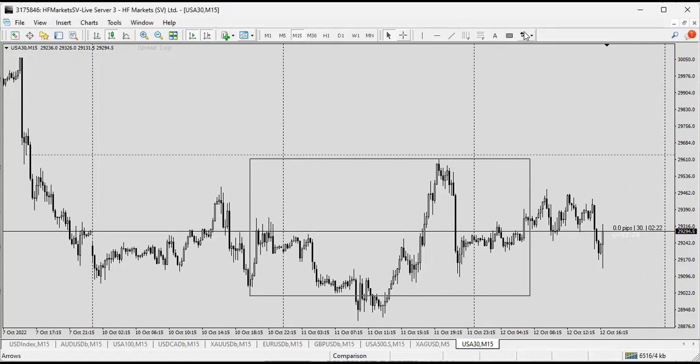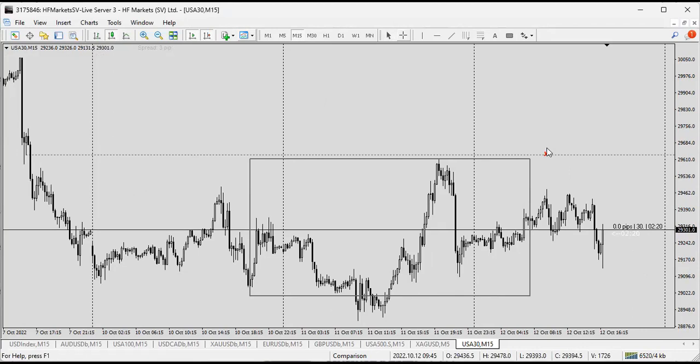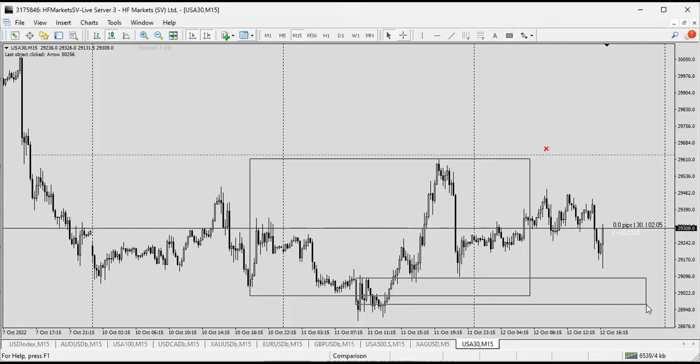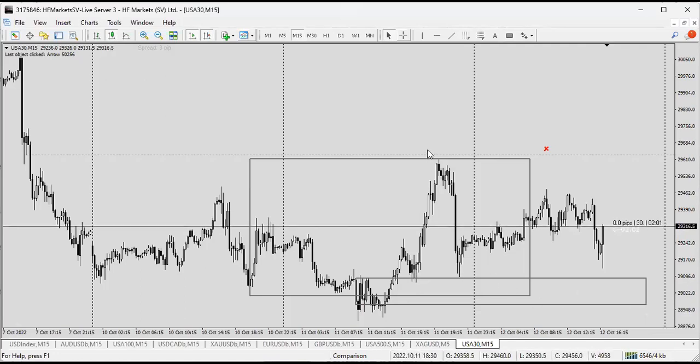I think this should be the drawn liquidity. That should be the drawn liquidity for this guy here. Entry should form somewhere around here. So we tapped it, displaced, failure swing.